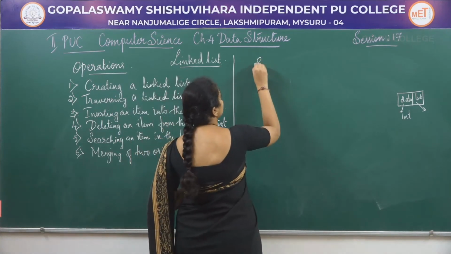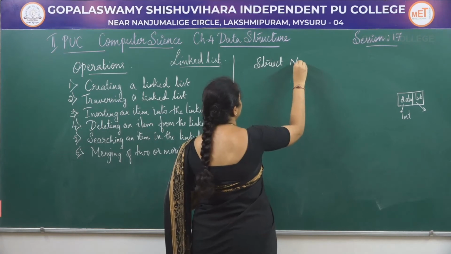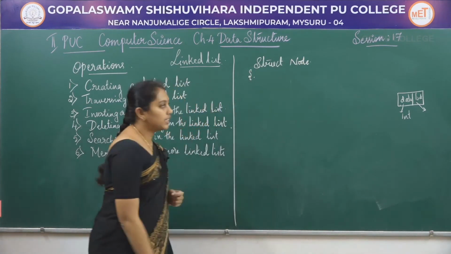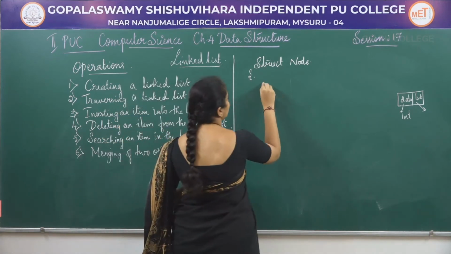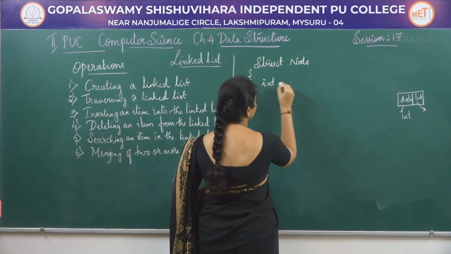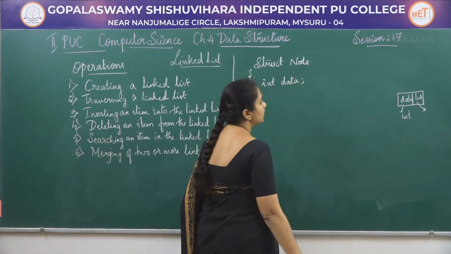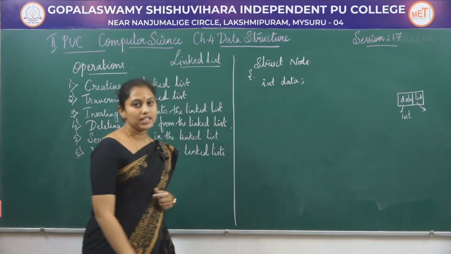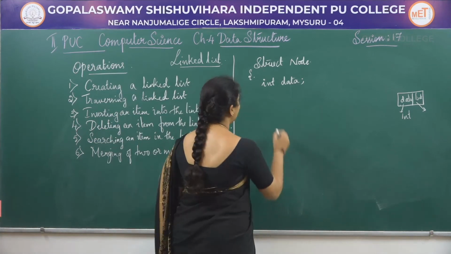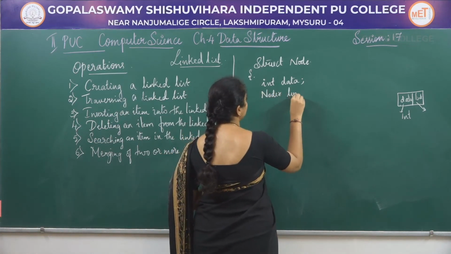struct is a keyword and node is the tag name. So we are creating the data field, whose data type is int, as well as the link field, which is a pointer to the node. In C++ we can simply write it as node star link.